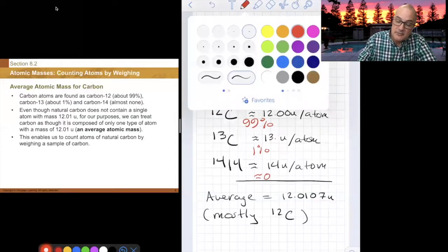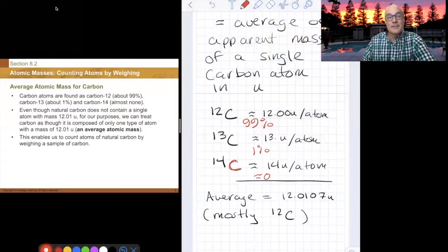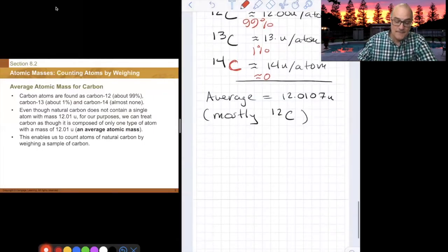And I see I made a little bit of a mistake here. I said 14, 14, and that of course should be carbon 14.